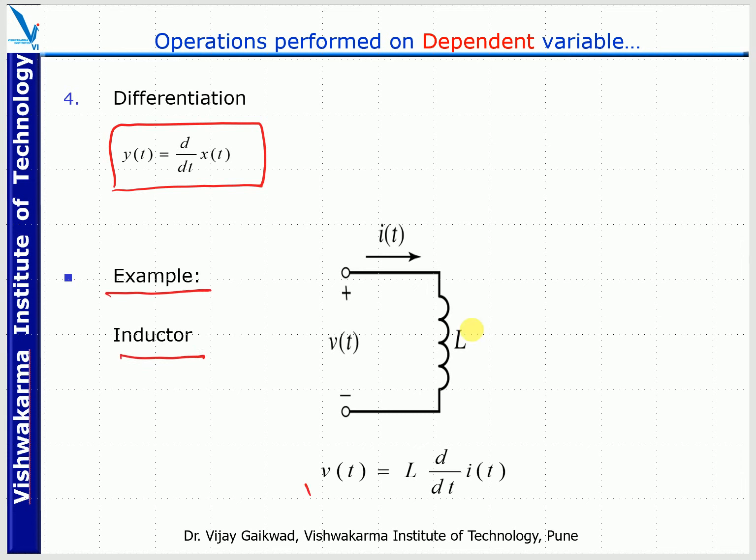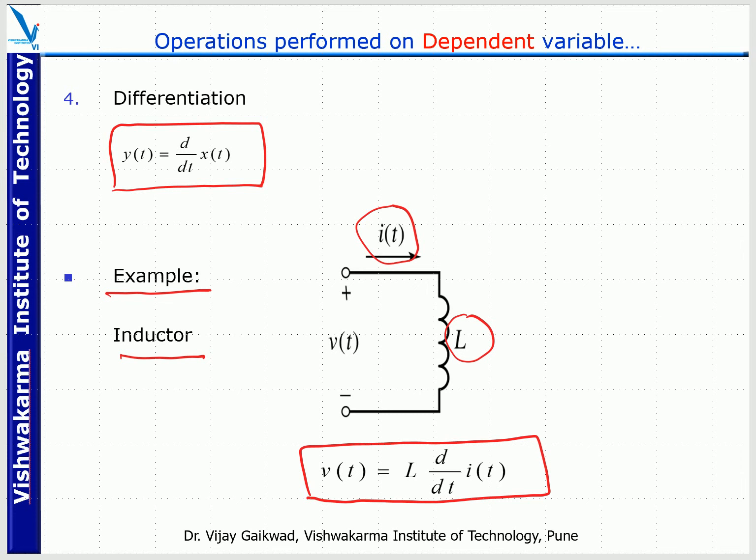For inductor, we can write down the equation as phi of t is equal to L d by dt of I of t. So I of t is an input signal, and there is an inductor L. So inductor L is taking the derivative of the I of t amplitude and the resultant signal voltage V of t gets developed across it.